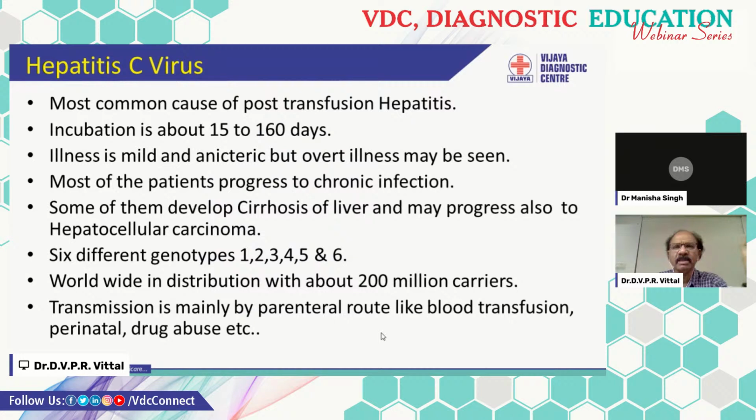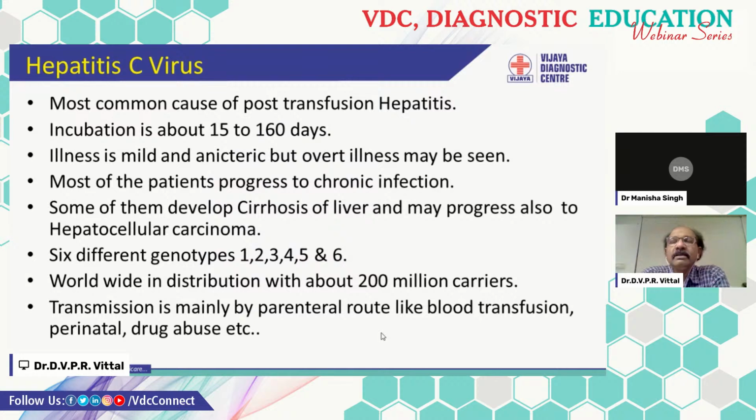Most commonly, it is by transfusion of blood and blood products, and this is also called post-transfusion hepatitis. And as I told you, the clinical picture of all hepatitis viruses is similar, and anicteric as well as overt illness may be seen.